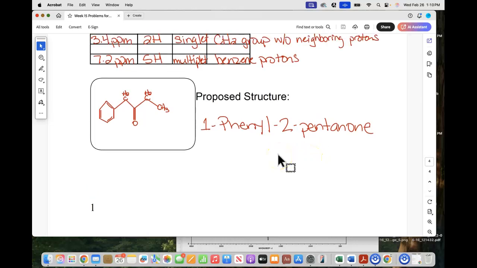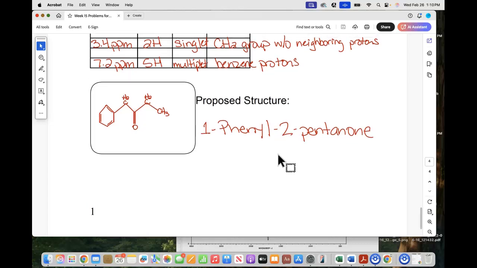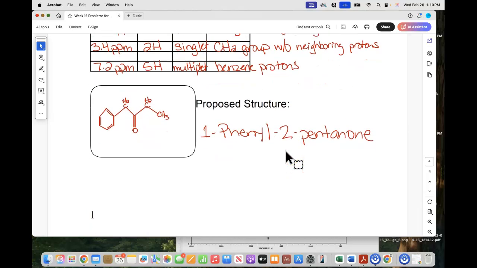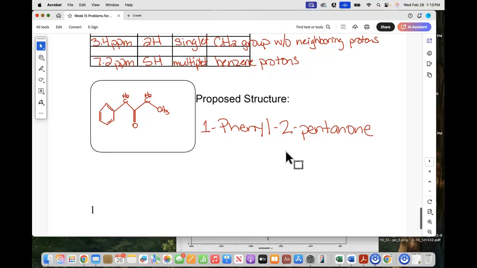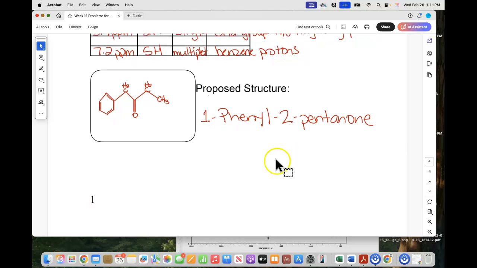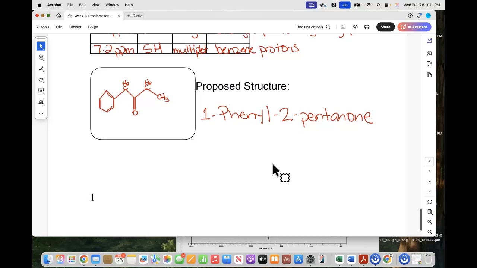The IR spectrum confirms a carbon-oxygen double bond ketone and aromatic ring. The carbon NMR shows a ketone at 210 parts per million and benzene carbons at 120 to 160 parts per million. The proton NMR confirms a monosubstituted benzene, a benzylic CH2, and an ethyl chain. So everything aligns with this compound being 1-phenyl-2-pentanone, making it the correct structure.